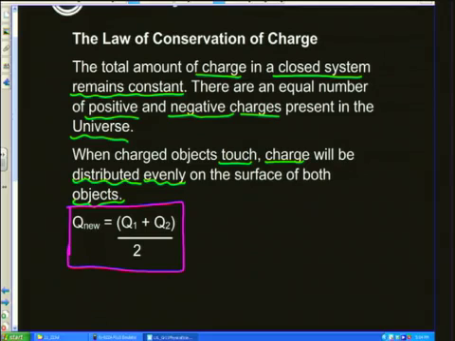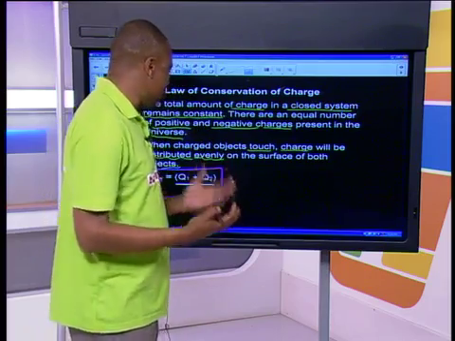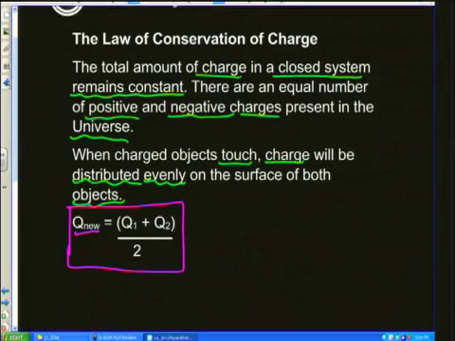If I've got two objects that come to touch each other, the new charge will be found by adding the charge on 1 and the charge on 2 and dividing by 2. Would I always have two objects? I can have more than one. Say I've got 3. Then you would say Q1 plus Q2 plus Q3, and divide by 3.